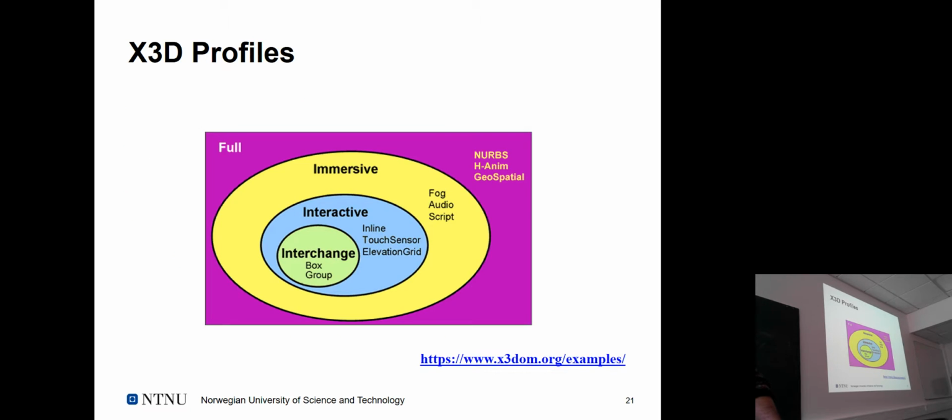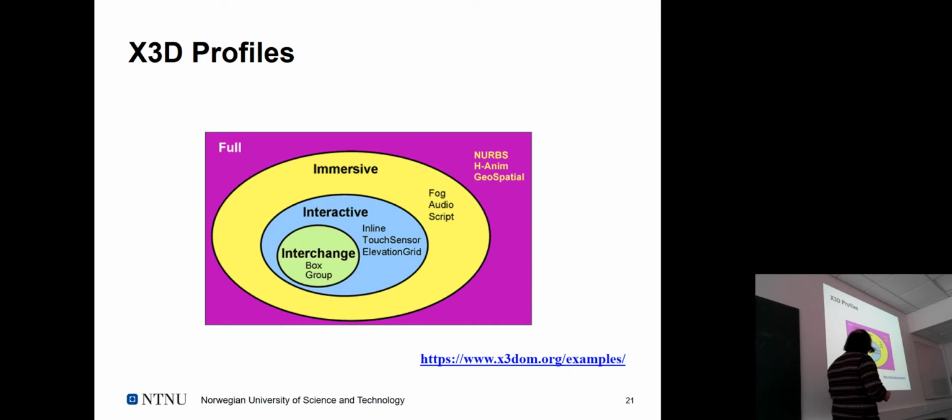But before that, X3D comes in different profiles because it's very powerful and very sophisticated. Sometimes it's not really necessary to have everything inside, so in order to compress, there are different profiles covering different features.